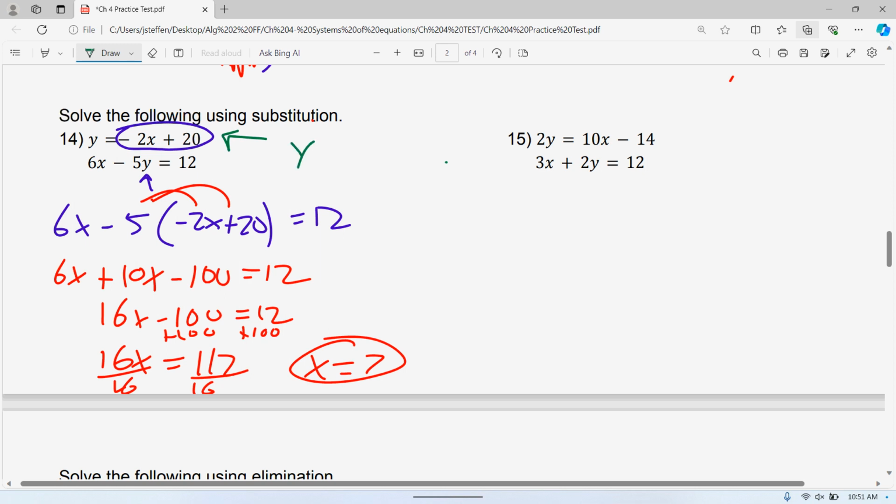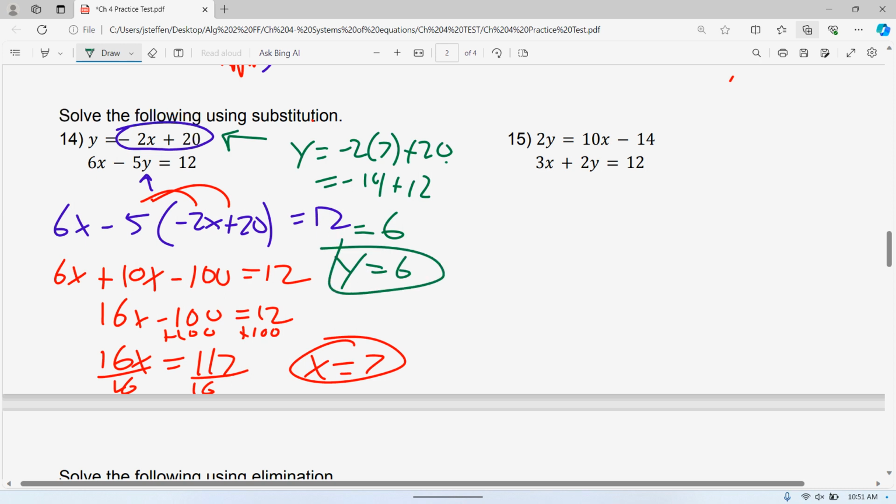It's fine. 6. Again, I would leave it like that, but you could also put it as an ordered pair. It doesn't make any difference.